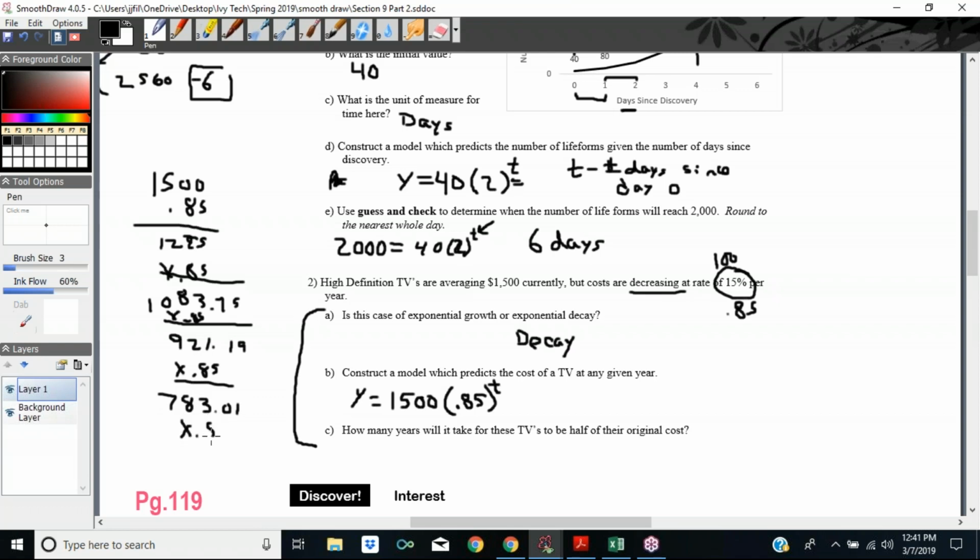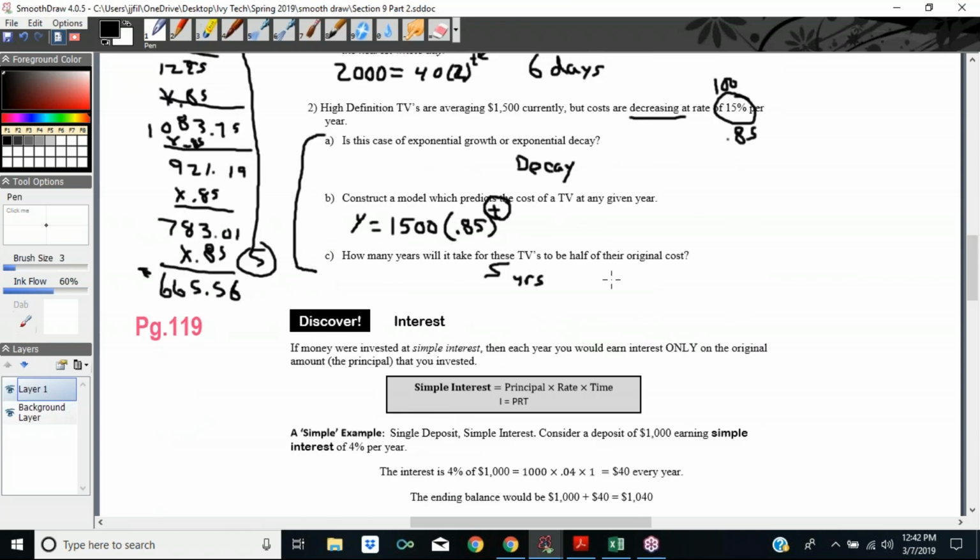And then the fifth year we get 665.56. So 4 years, it doesn't quite get there. Year 5, it makes it. So 5 years. And again, you can do that using all this work along the side, or you can just test some numbers in for the t until you get the first one that meets the requirement, which in this case would be $750 or below.